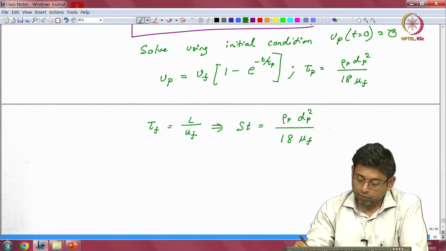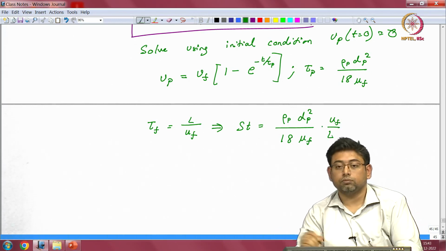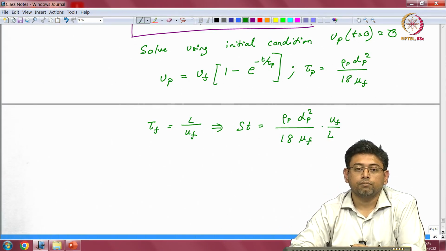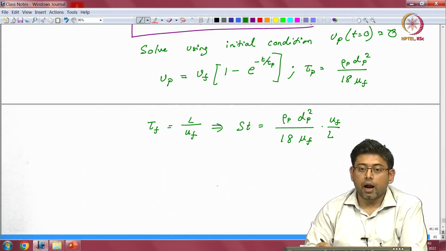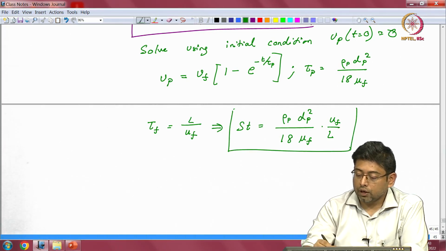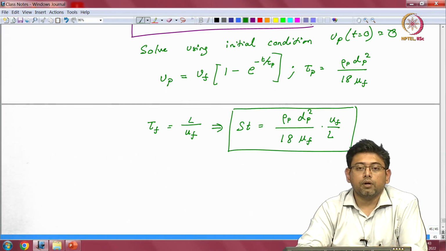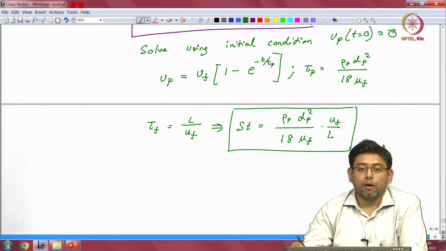We already derived this before. So this is a very, very important number, and before you start using a tracer particle, you calculate this particular number for the tracer particle, and you will need information about the flow.